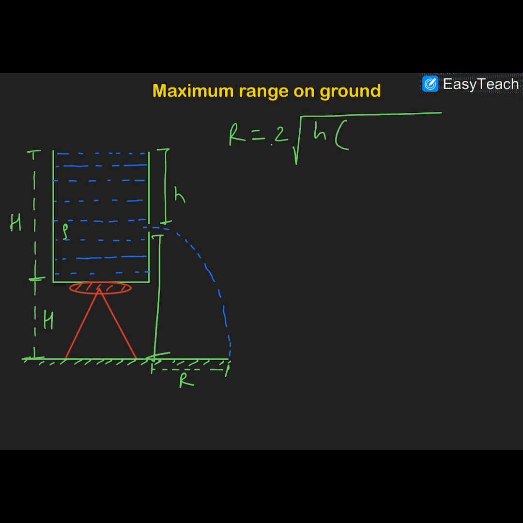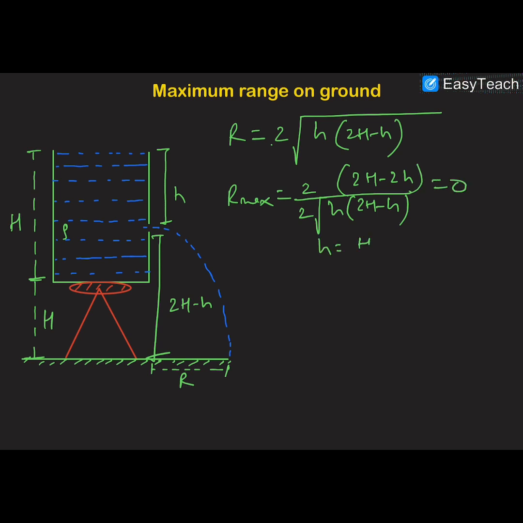This height will be 2H minus h. So it would be 2H minus h. So this will be the range, and the maximum range R max can be calculated by differentiating this. So this will be 2 upon 2 under root of h into (2H minus h), into (2H minus 2h) is equal to 0. So h is equal to H.